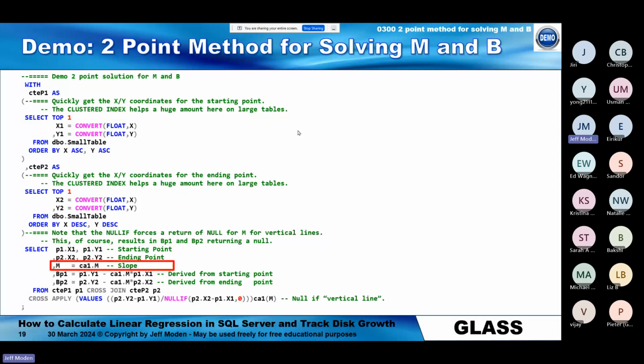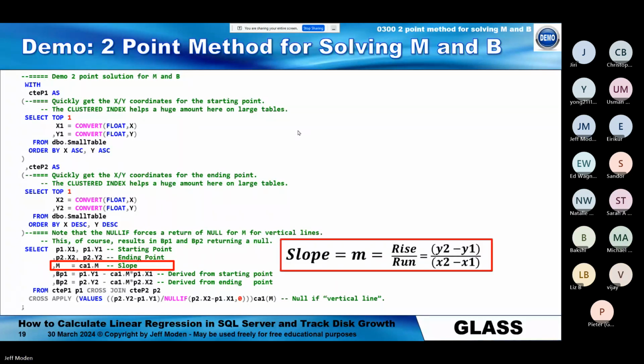And we're going to calculate the slope. The slope is equal to the rise over the run, y2 minus y1, etc. And if you look, we're doing that down here. We have y2 minus y1. Of course, we have our table aliases here. We have y2 minus y1 divided by x2 minus x1.